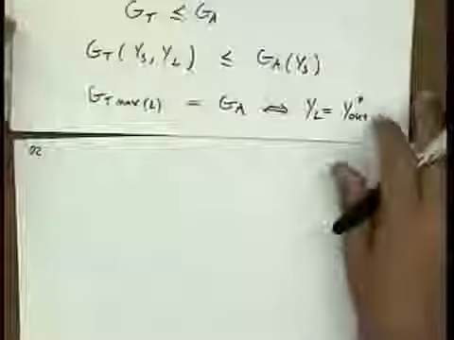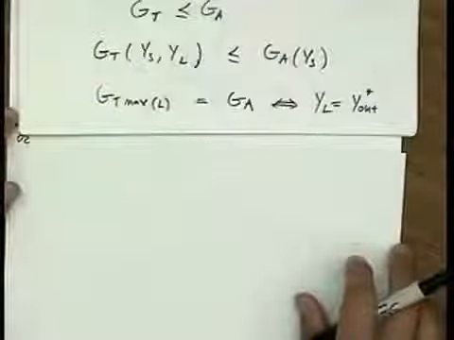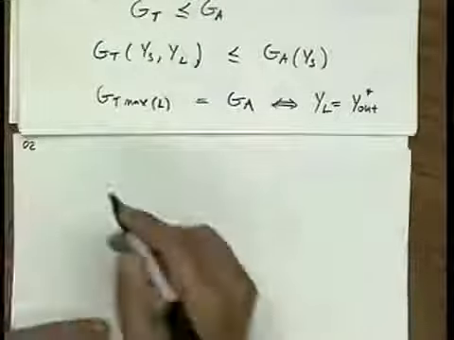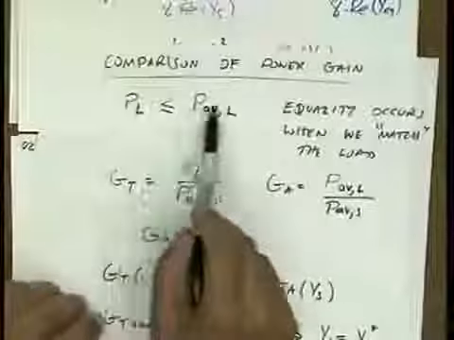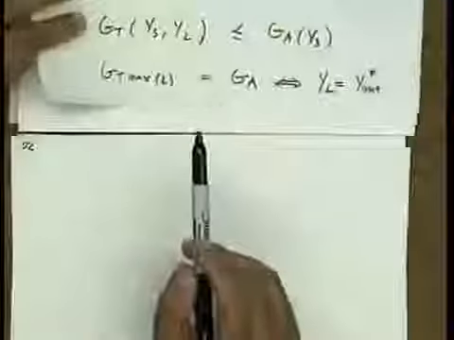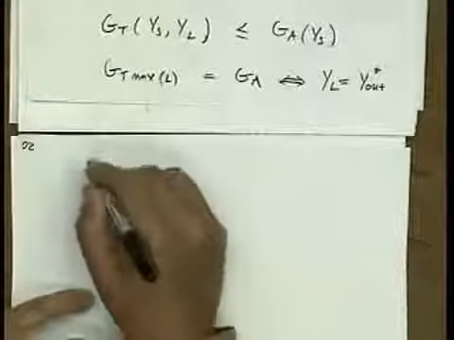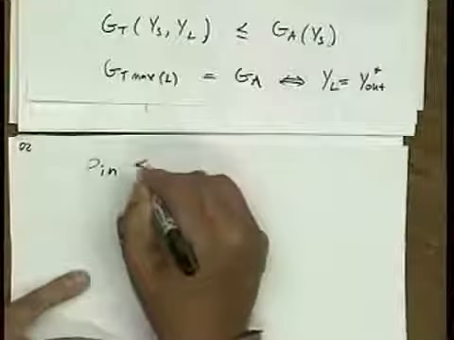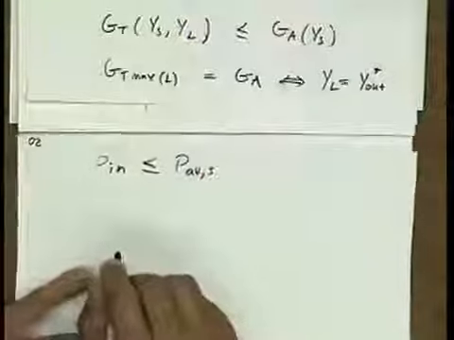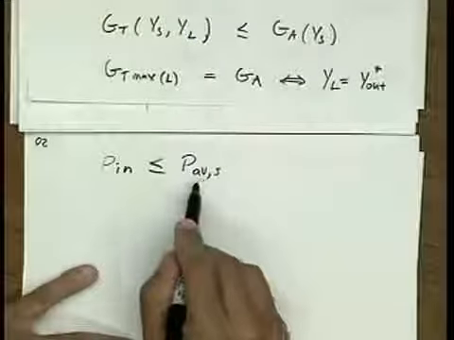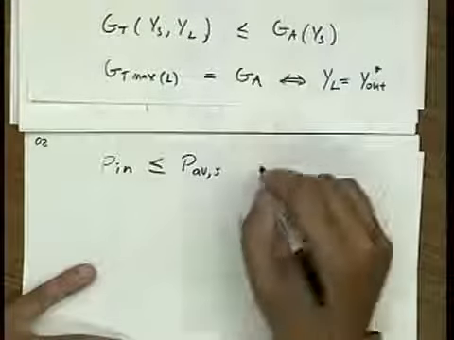All right, not a difficult concept, but it does take a little while to sink in. So again, review it offline if it doesn't make sense, and please come to office hours if you have questions. Okay, so just as we could conclude that the load power is always less than the available power, clearly the input power is always less than or equal to the power available from the source, because the power available from the source only occurs for a matched load.